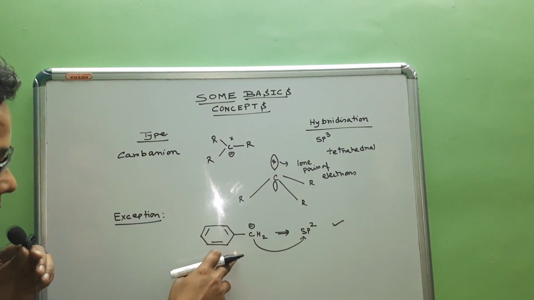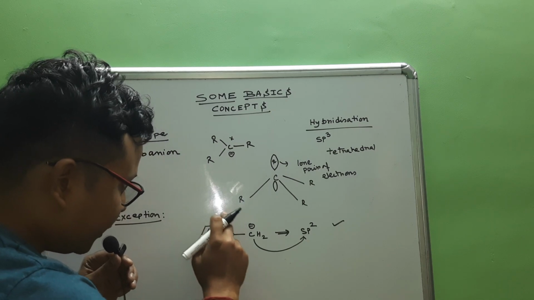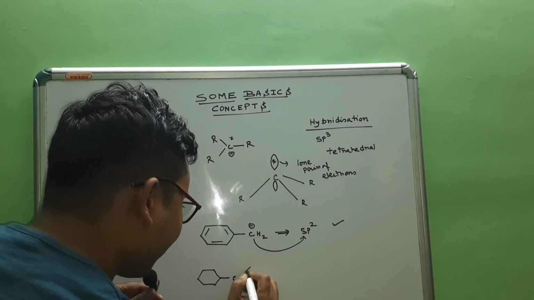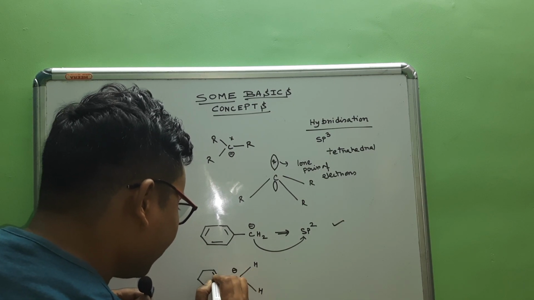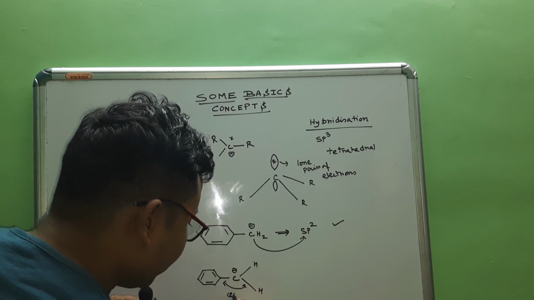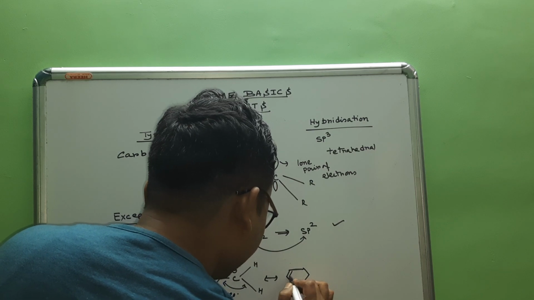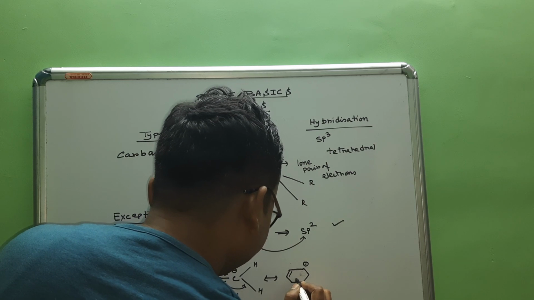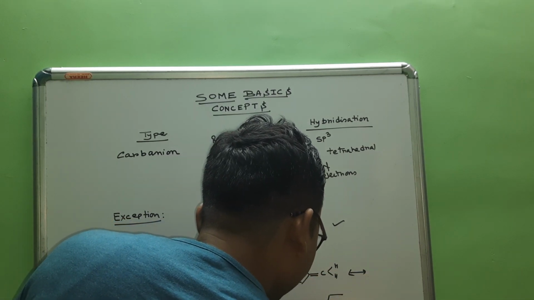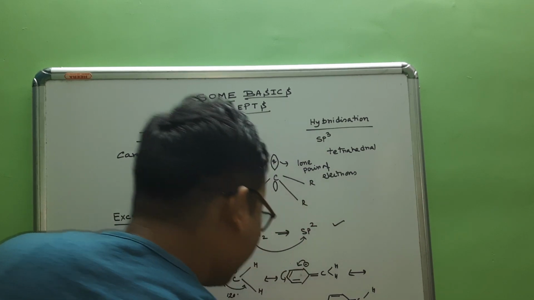Why is it sp2? Because the carbon atom and the phenyl ring should be on the same plane, like this, and the bond angle is 120 degree, because here resonance delocalization of the lone pair of electrons on the carbon atom takes place.